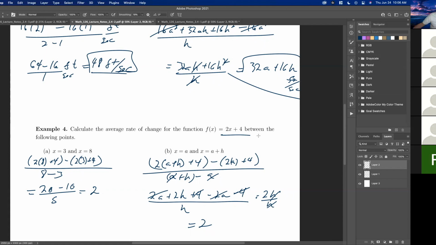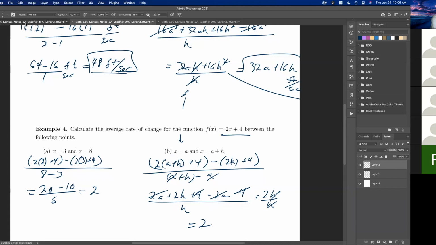So the average rate of change for linear things is constant. It's a very fancy way of saying the average rate of change of a line is its slope. Anyway, for those who take calculus, you do this a whole bunch.